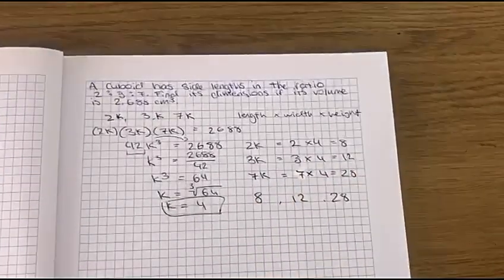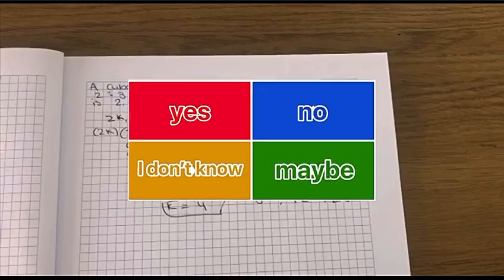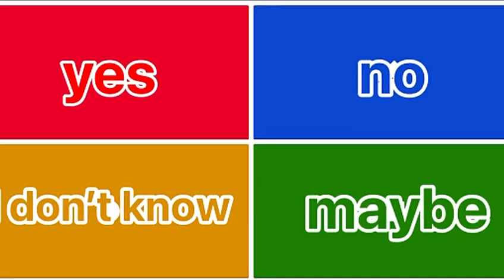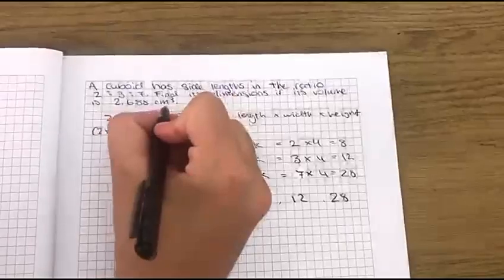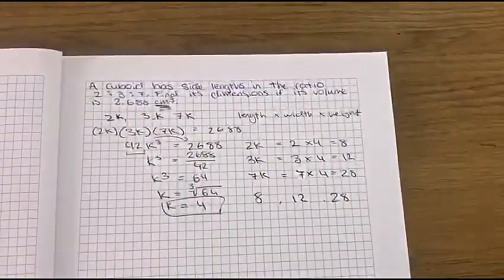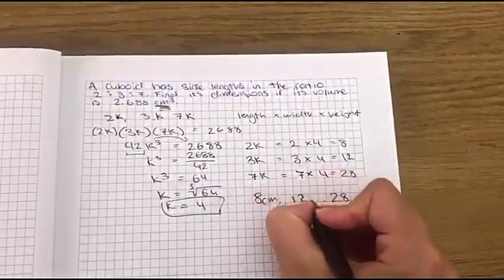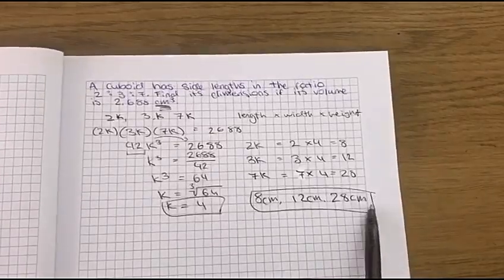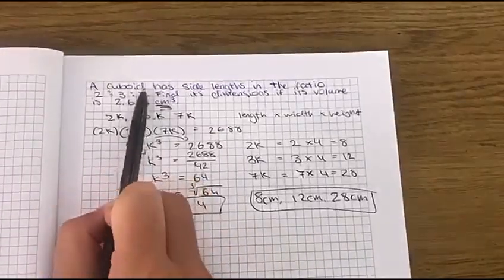But am I forgetting something? I am. The unit. The unit is centimeters, so I will have to add that into my answer. And this is the dimensions of this cuboid.